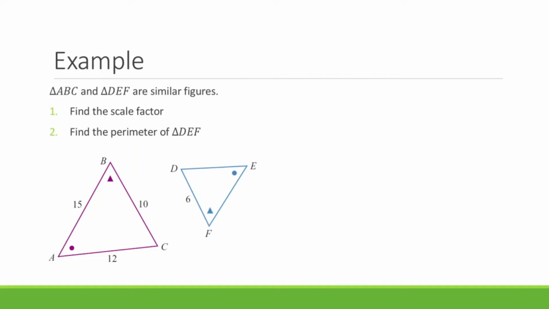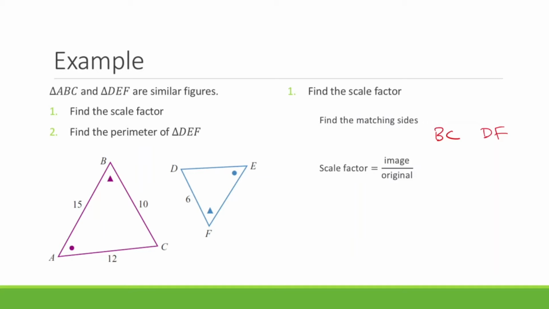Let's do some examples. First thing we're going to do is find the scale factor of these two triangles, and then we're going to find the perimeter of DEF. To find the scale factor, first thing we have to do is find the matching sides. So we know that BC and DF are the matching sides.